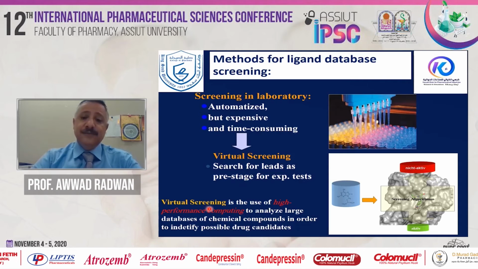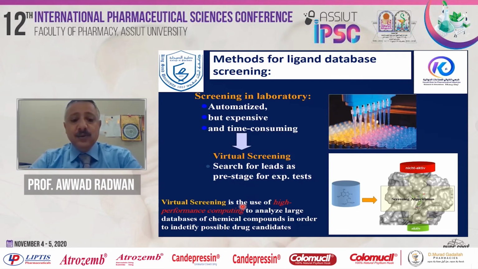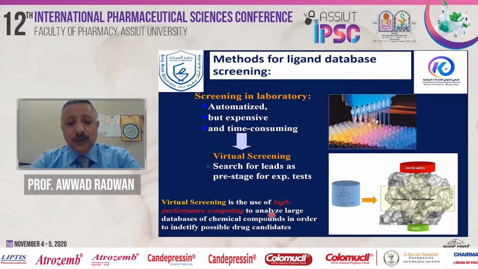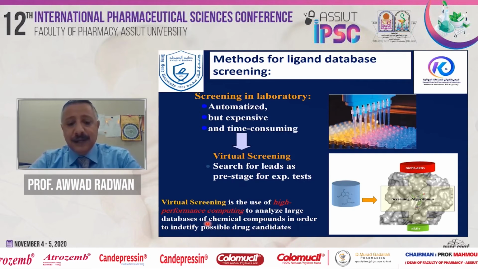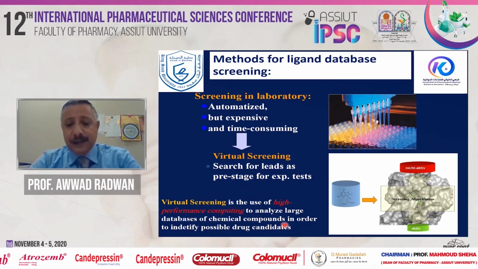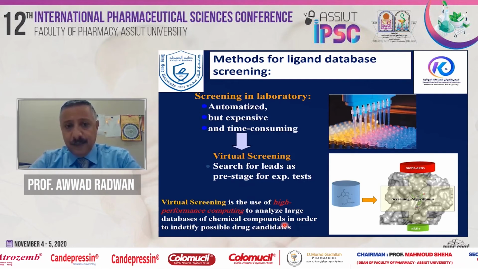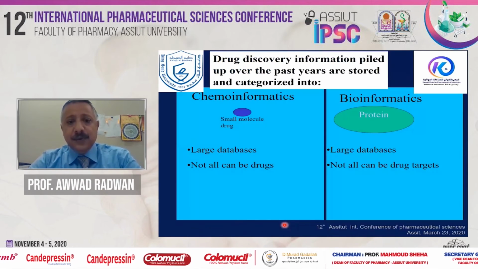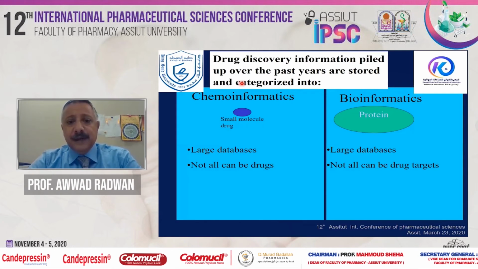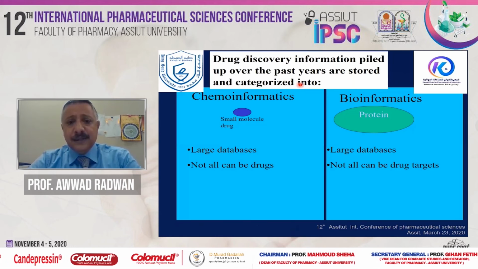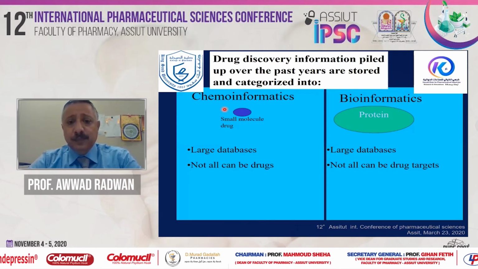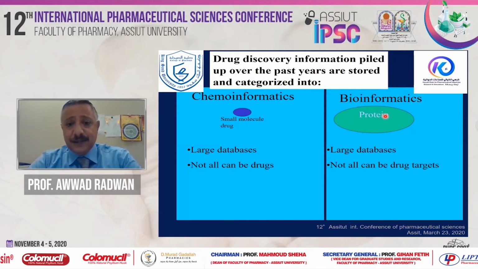The virtual screening process is the use of high performance computing to analyze large databases of chemical compounds in order to identify possible drug candidates. Drug discovery information piled up over the past years is stored in and categorized into two major categories, chemoinformatics and bioinformatics.